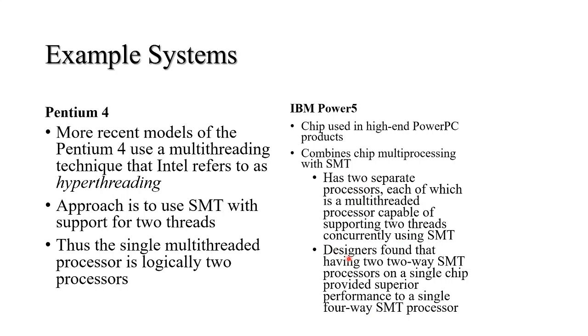Interestingly, the designers simulated various alternatives and found that having two-way SMT processors on a single chip provided superior performance to a single 4-way SMT processor. The simulation showed that additional multithreading beyond support for 2 threads might decrease performance because of cache thrashing, as data from one thread displaces data needed by another thread.